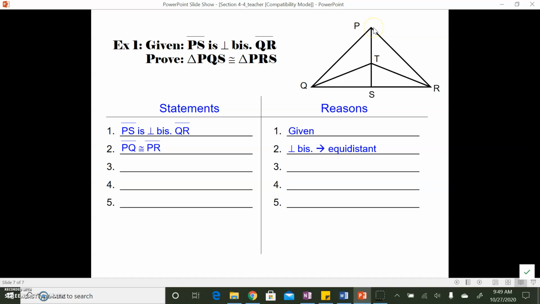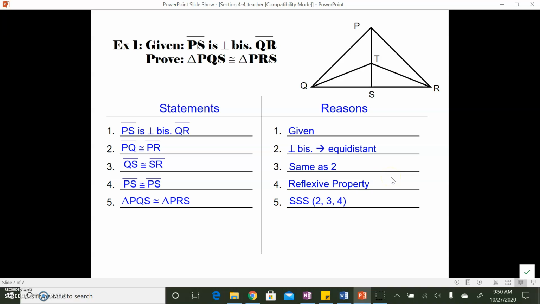This point P is on the perpendicular bisector. It is equidistant to my endpoints. That is one congruent side. We know QS is congruent to SR for the same exact reason. S is on the perpendicular bisector. And we know that segment PS is congruent to itself by the reflexive property. Now by side, side, side, my triangles are congruent.